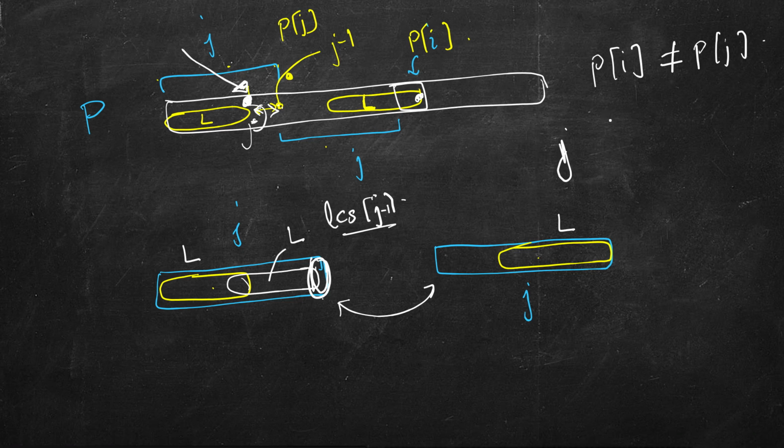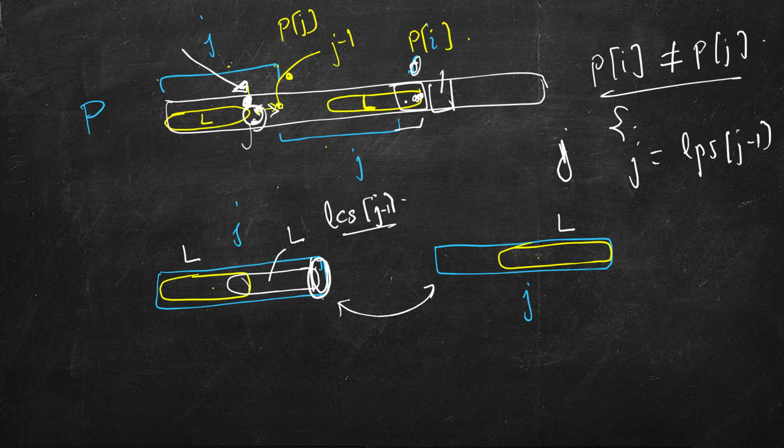So if this is not the same as pj, which is the case, then j equals LPS of j minus 1. This is the LPS of j minus 1, this length. And again here we look for whether this matches with the current one. Here I have drawn it wrongly. This yellow should not infiltrate into this i. So let's call this i here.